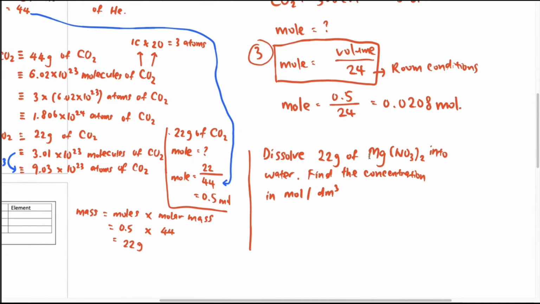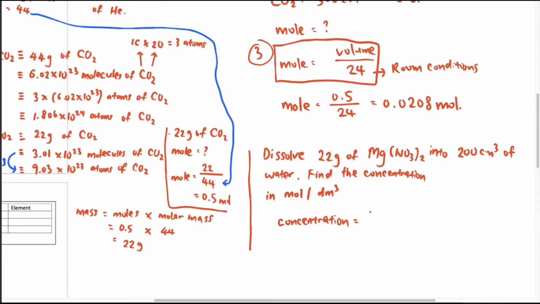Dissolve 22 gram of magnesium nitrate into 200 cm cube of water. Find the concentration in mole per dm cube. First thing, we have to change 22 grams to mole first.